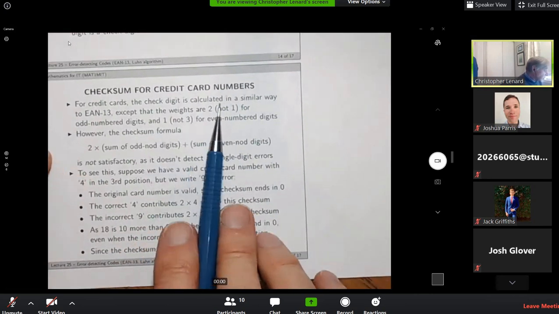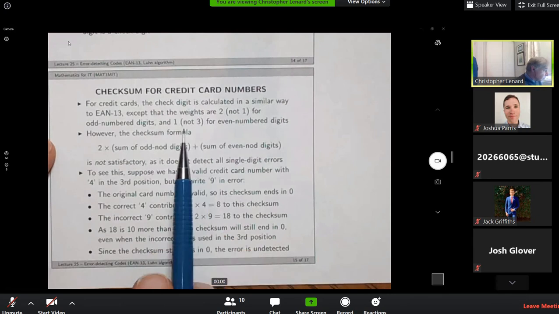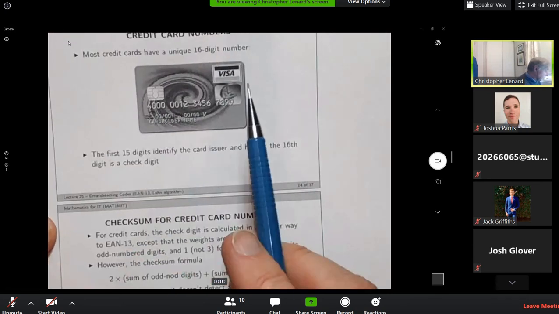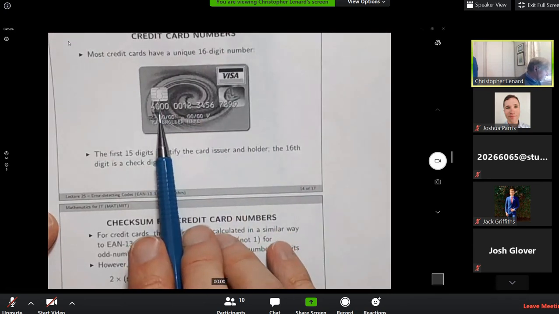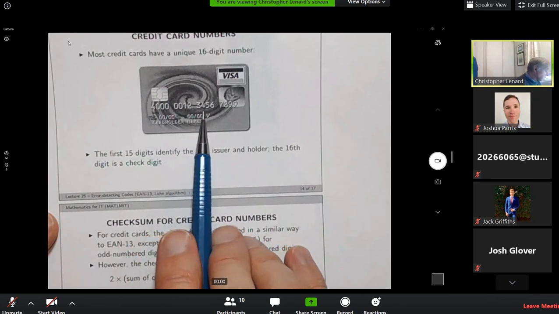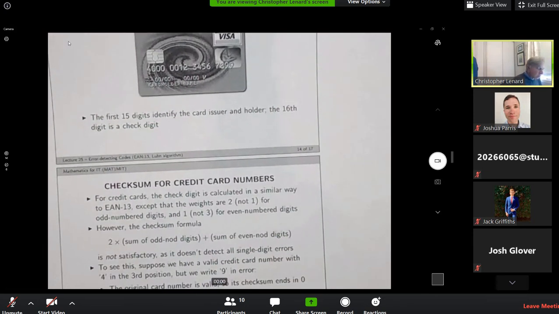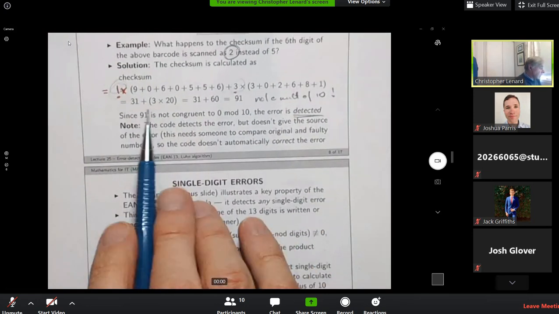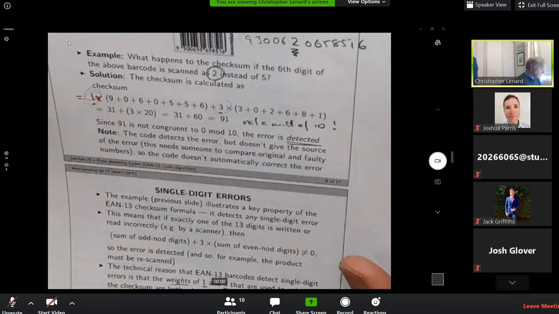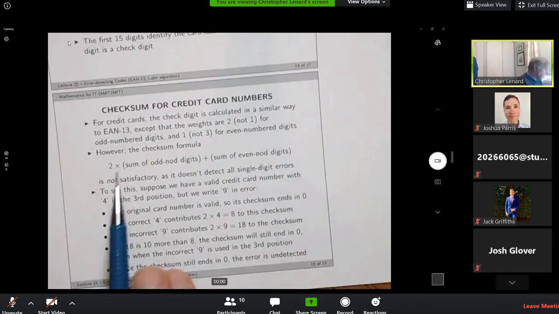So the check digit is calculated in the same way. We take the odd positioned digits, so 4, 0, 4, 0, 0, 1, 3, etc., add them up. But instead of multiplying them by 1, like the EAN, we multiply them by 2.